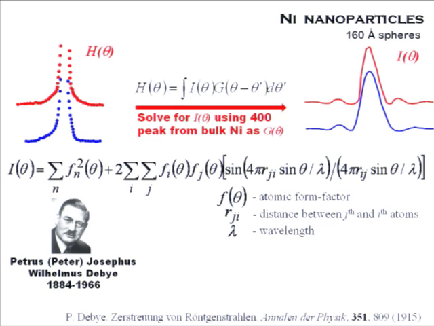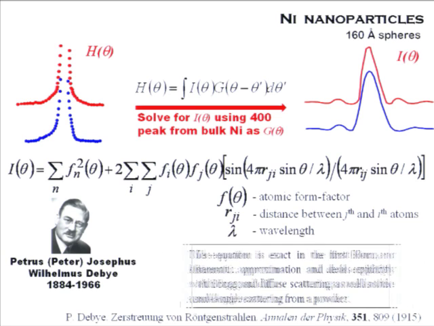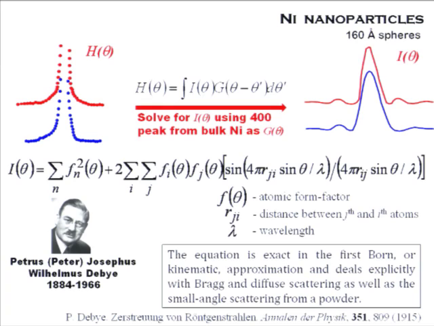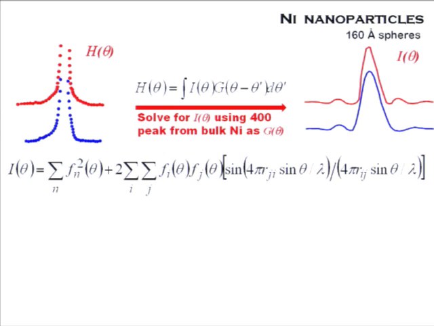The beauty of this equation is that it is exact in the first Born or kinematic approximation. Details of what the first Born approximation is were given very nicely by Laurent Chapon in his first talk. This description deals explicitly with Bragg and diffuse scattering as well as small angle scattering from a powder.